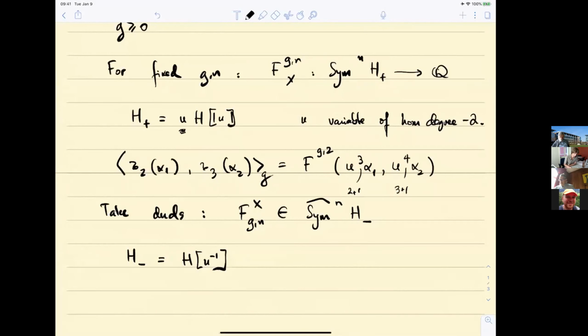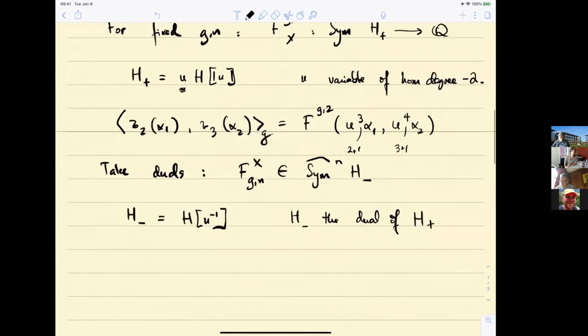And the way I, so H minus is for me the dual of H plus via the very simple pairing where I decide that alpha U to the I, beta U to the J is equal to alpha beta.